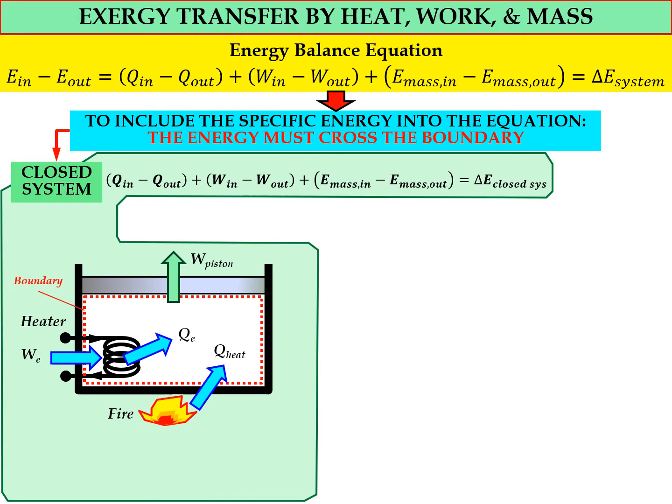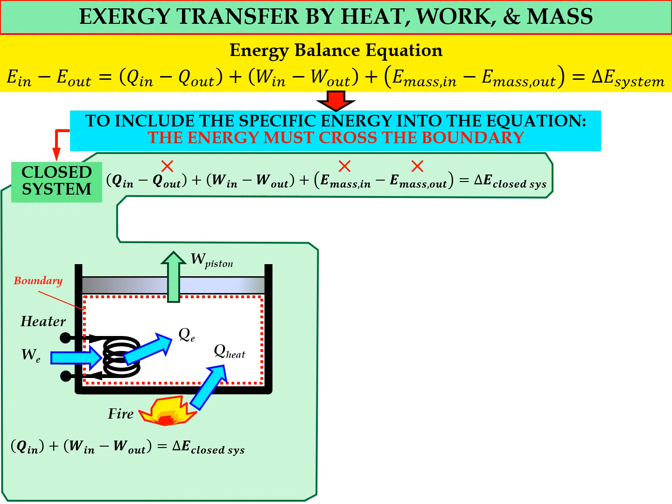From the energy balance equation, which is Q in minus Q out, the overall energy balance equation. From our closed system, we know that there is no Q out in the system, and there is also no mass in and mass out in the closed system.